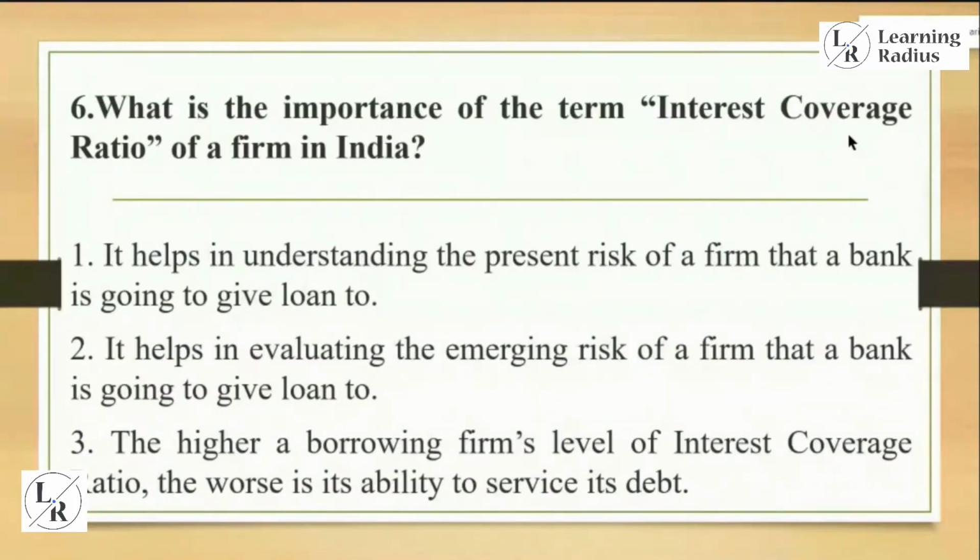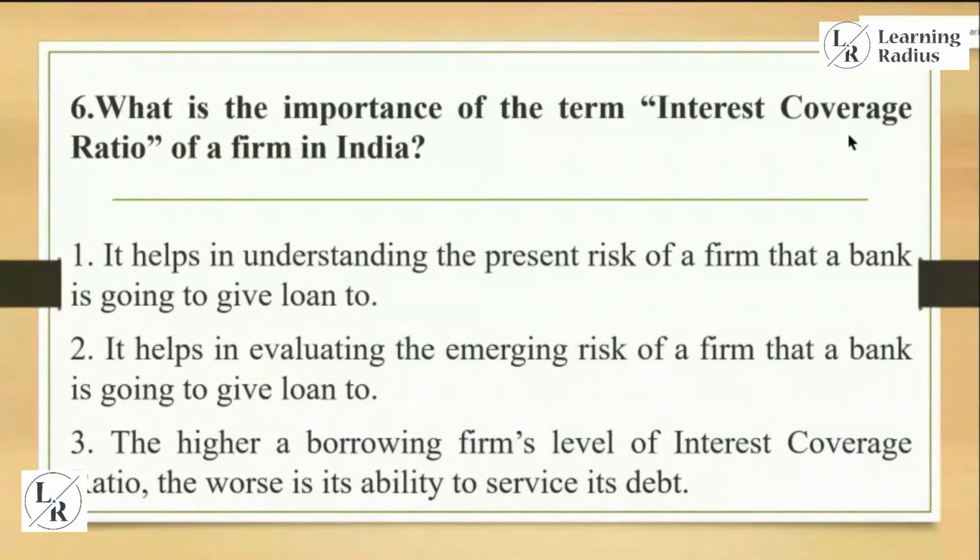What is the importance of the term interest coverage ratio of a firm in India? It helps in understanding the present risk of the firm that a bank is going to give a loan to. It helps in evaluating the emerging risk of a firm that a bank is going to give a loan to. The higher a borrowing firm's level of interest coverage ratio, the worse is its ability to service its debt.